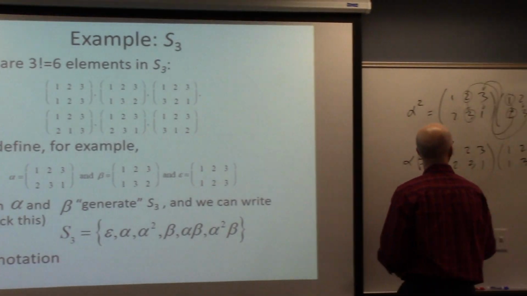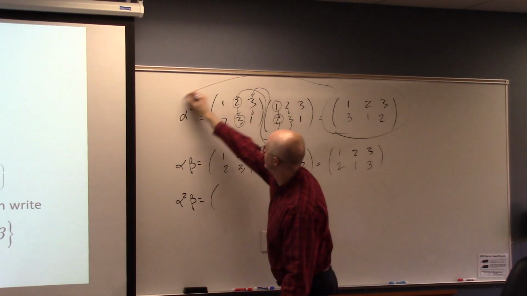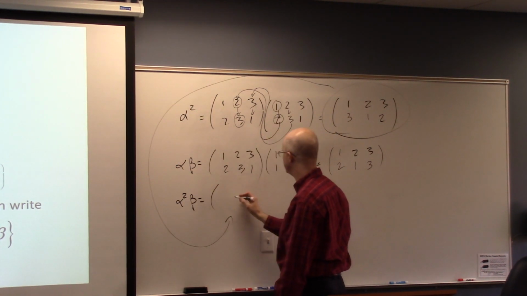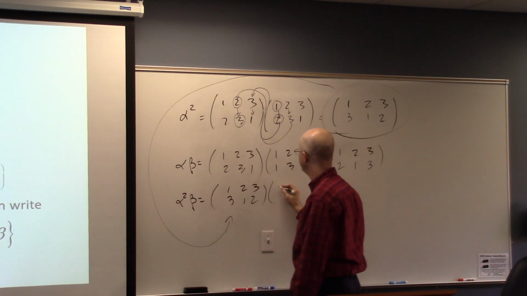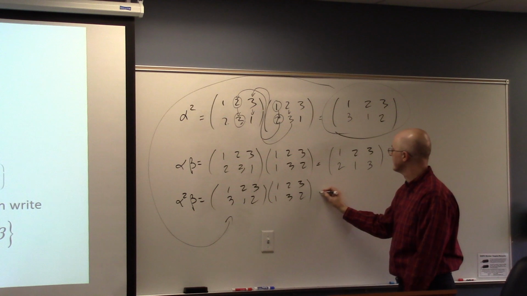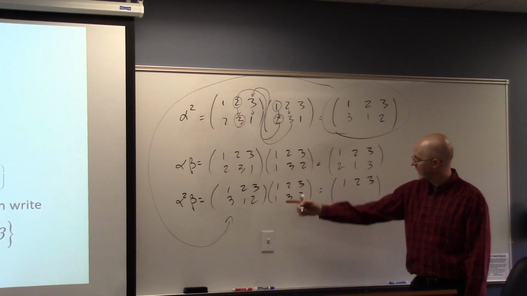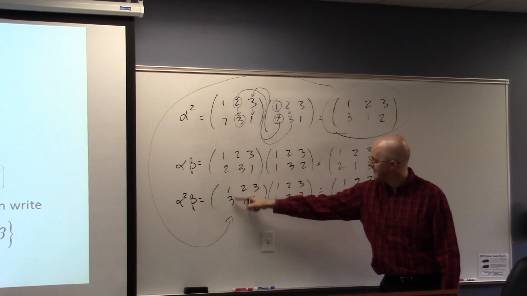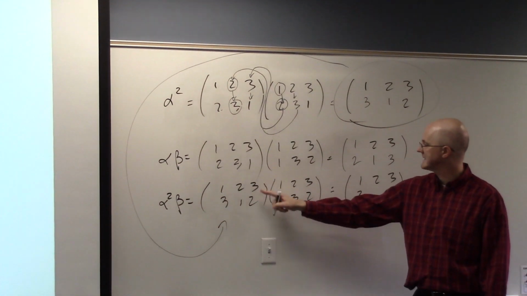We already figured out alpha squared up there, so go ahead and bring that down here to save some work. Work right to left. 1 gets mapped to 1, but that gets mapped to 3. 2 gets mapped to 3, but that gets mapped back to 2.